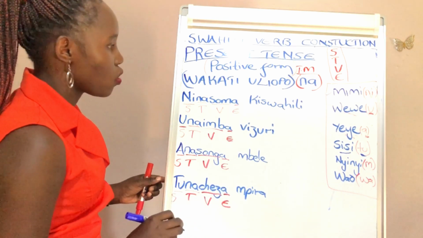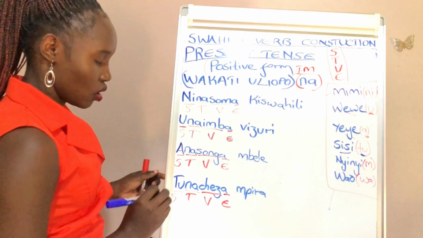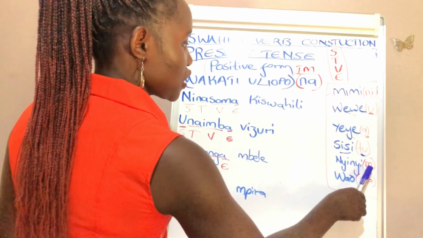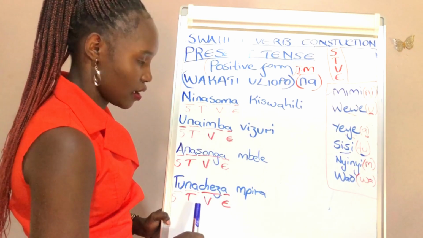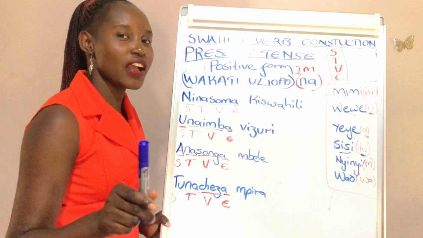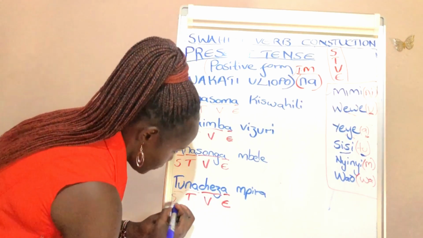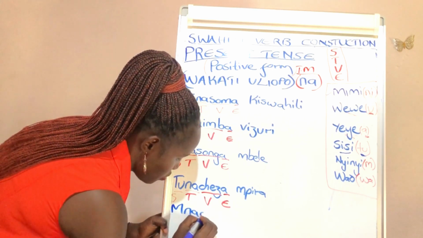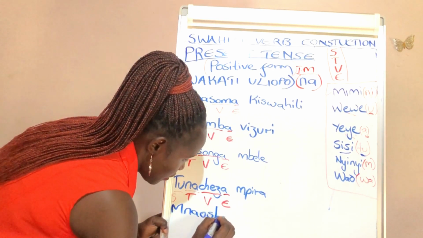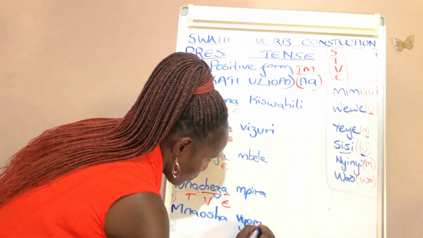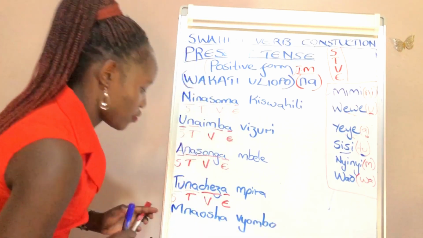Our next verb was osha. So let's use osha and subject prefix for nyinyi. Mnaosha vyombo.